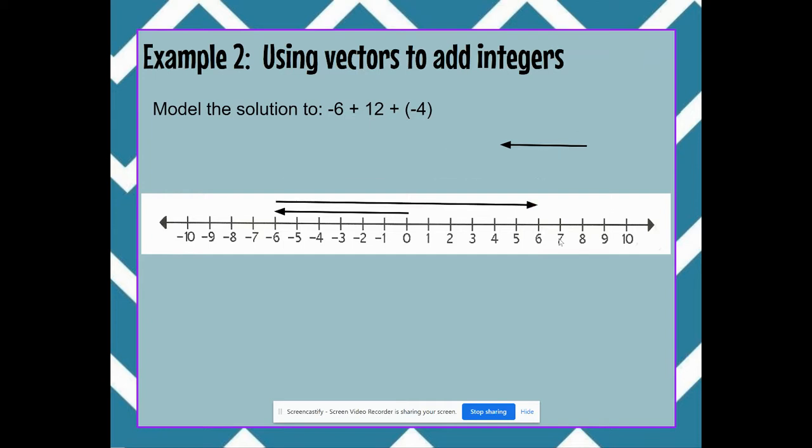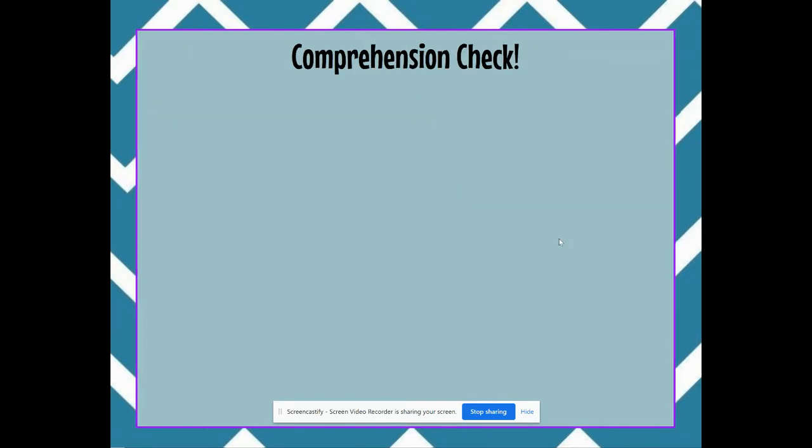The tail will start at -6, the ending point of the first vector, and it goes all the way to +6. Now that last vector will start at +6. It's pointing to the left, and it ends at 2. So my answer to this problem is +2.